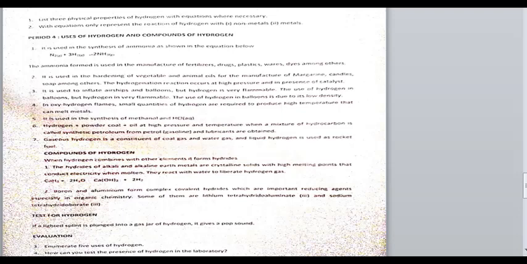We also have some important hydrides: the hydrides of boron and aluminium. These have a complex covalent structure. They are very important reducing agents, especially in inorganic chemistry.